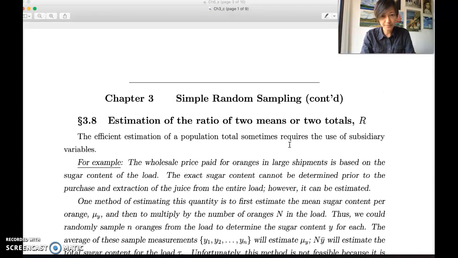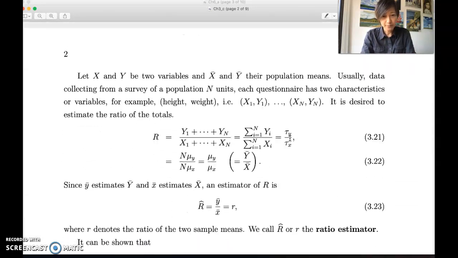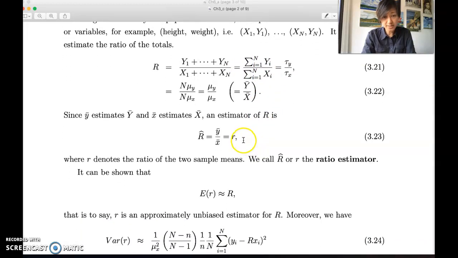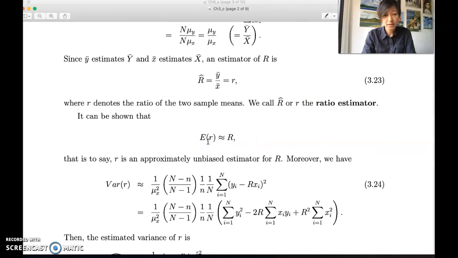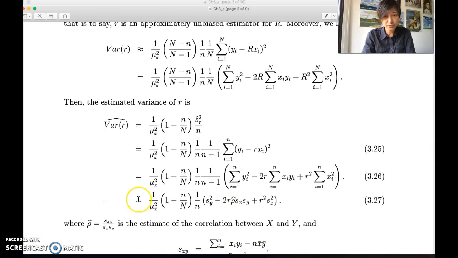This is chapter 3 in simple random sampling under ratio estimation. Remember in chapter 3 we said that we can estimate R from our sample by dividing the summation of yi by the summation of xi. And we can say that R would be the unbiased estimator for the population R. And we have the variance estimate. Let's use equation 3.25.